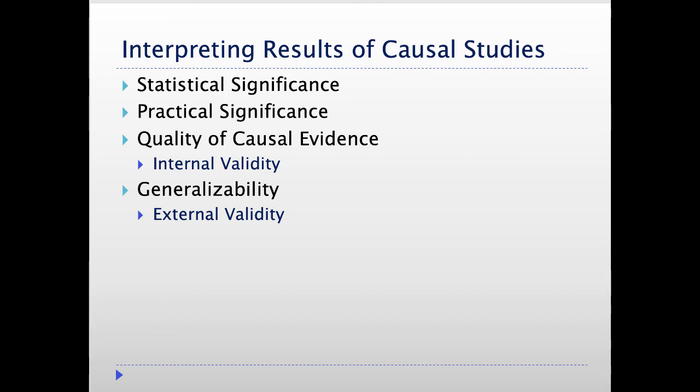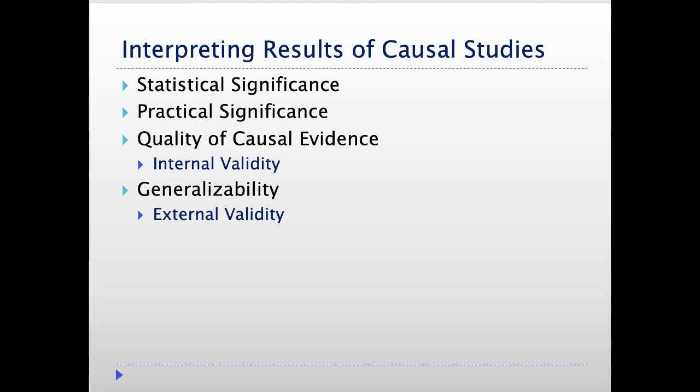Then you think about, to what extent would these results apply in some other population, some other time, place, setting, context, and so on. So again, that's the big picture of everything you're going to do when you interpret the result of a causal study.